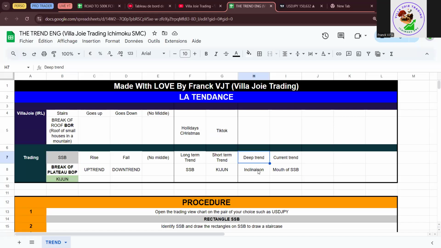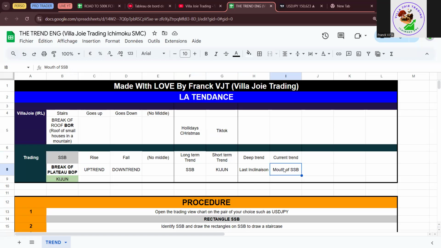So what I just showed you is that there's a long term trend that we use SSB with, the short term trend that we use Kijun with, and then the deep trend. When you are in a long term trend, you can have the deep one and the current one.